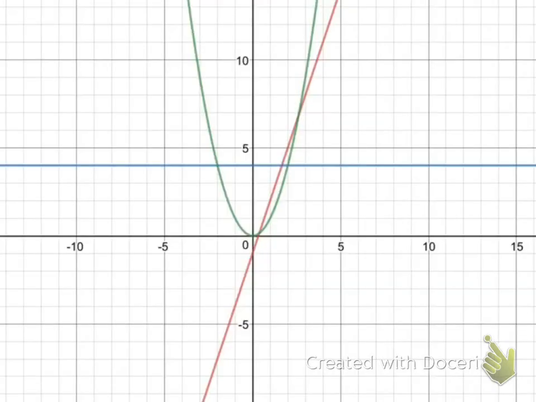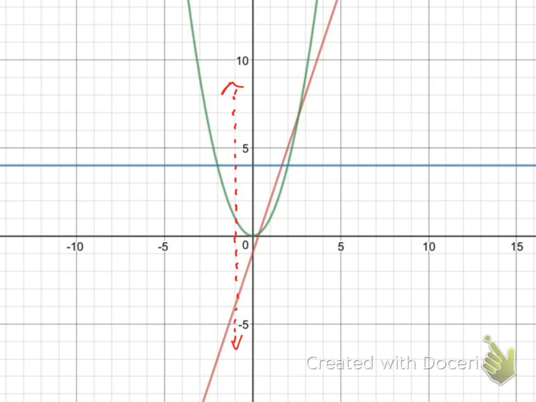So my piecewise function says when x is less than -1. So here is -1 right here. So the only time I am going to follow that rule is when my value is less than -1.